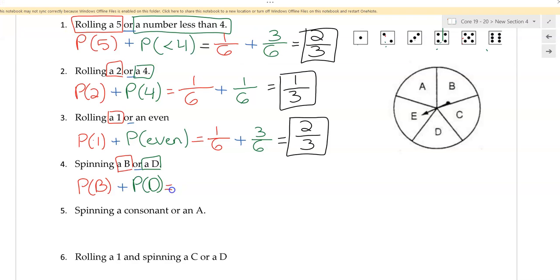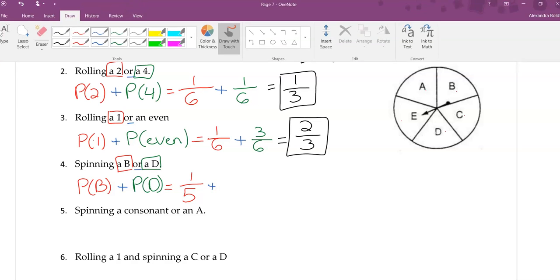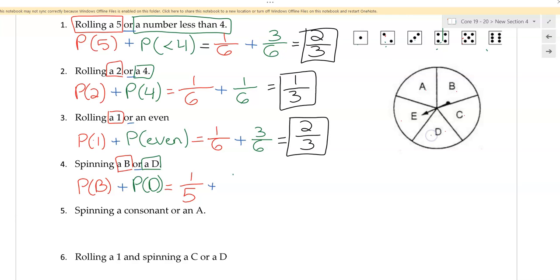So if I look at my spinner, how many B's are there? There's 1 out of 1, 2, 3, 4, 5 total. Plus, how many D's are there? There's 1 out of 5 total. And 1/5 plus 1/5, I then have 2/5.